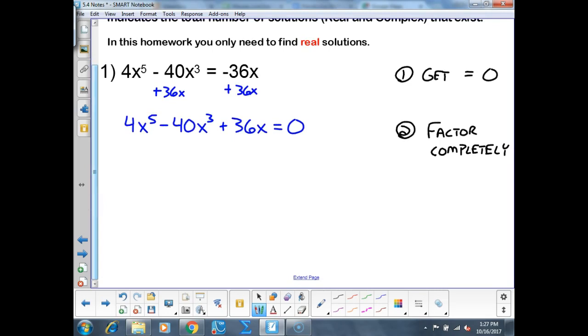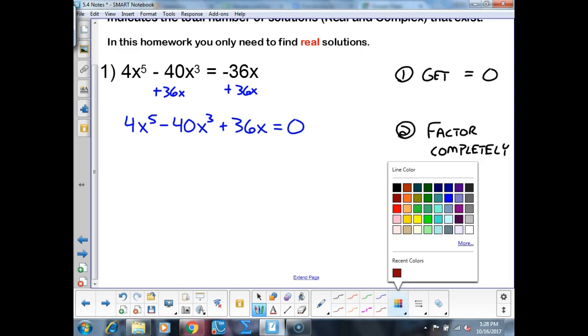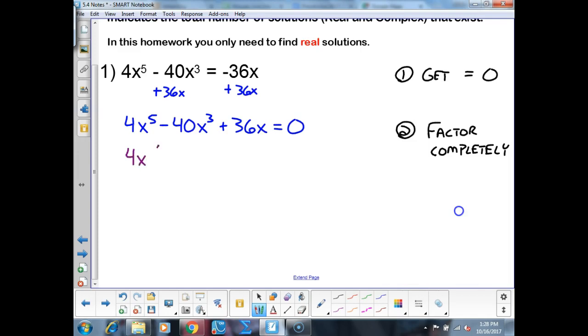Is there a GCF? For x? What's left over then? X to the 4th minus 10x squared plus 9.